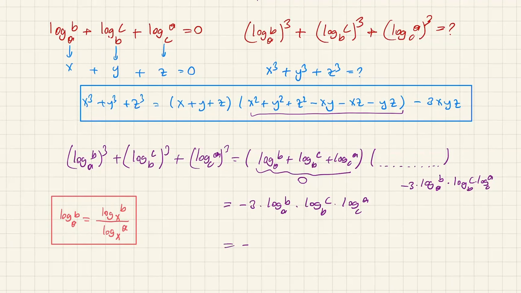So that will be minus 3. Actually, this was a minus 3 because, okay, this is actually plus 3. Because when I multiply X by this guy, for example, I got minus X squared Y. And when I multiply this by this, I got minus XYZ.